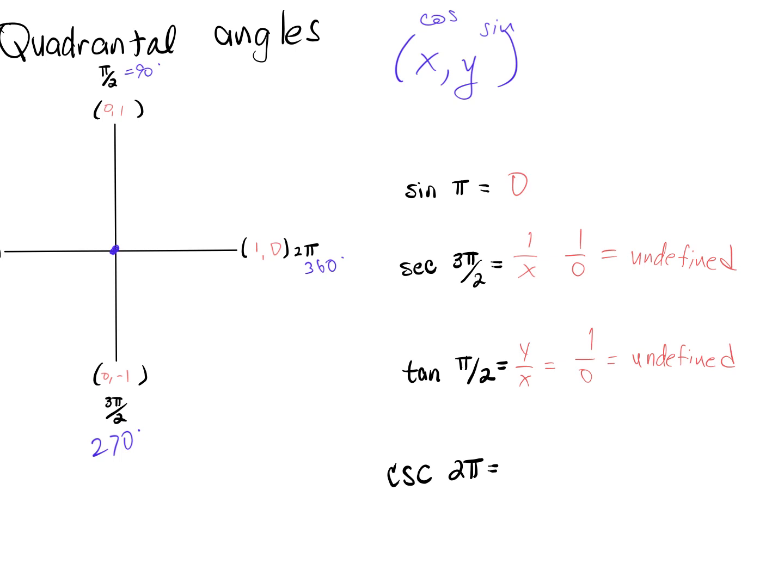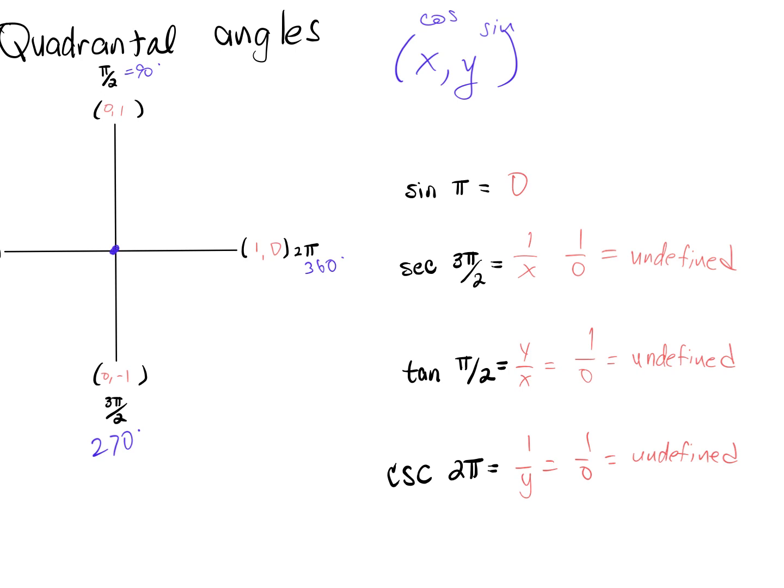Opposite of what? So it's 1 over y. Well, it's the y value here. 0, so it's 1 over 0. So your answer is undefined. They don't all happen to always be undefined. I just want you to remember, if 0 is on the bottom, it's undefined. But since this angle falls on the unit circle, it's on a quadrant, you guys need to know those 4.